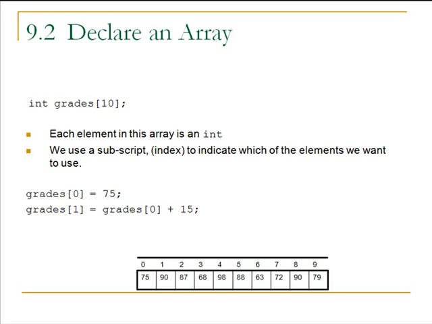We're going to take the value that was in grades sub 0, which is 75, add 15 to it, and 90 will go into the variable grades sub 1. So we have subscripts, which are integer values that allow us to indicate which of the particular elements in the array we want to be talking about.